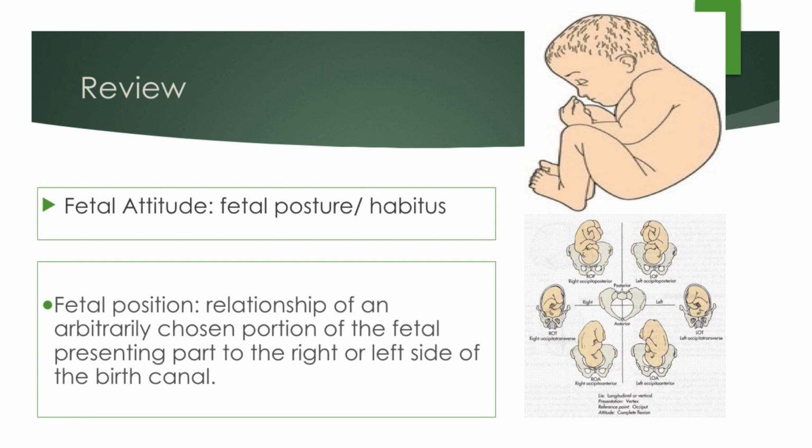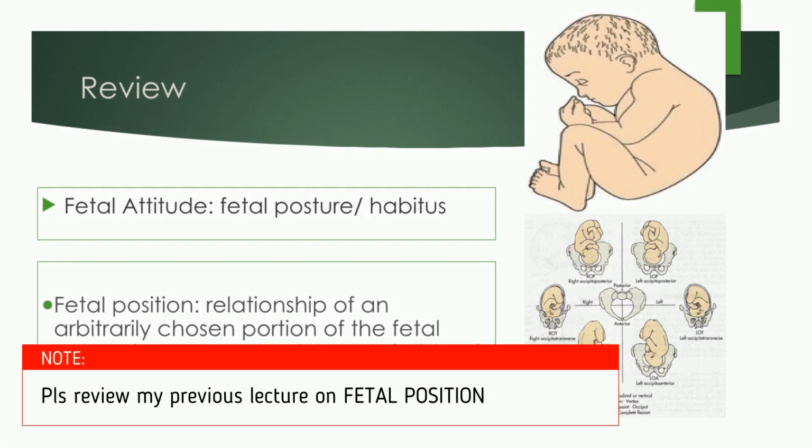Fetal position, on the other hand, is the relationship of an arbitrarily chosen portion of the fetal presenting part to the right or left side of the birth canal. For a more in-depth discussion about these terms, if you've already forgotten them, you can always go back to my previous lectures.